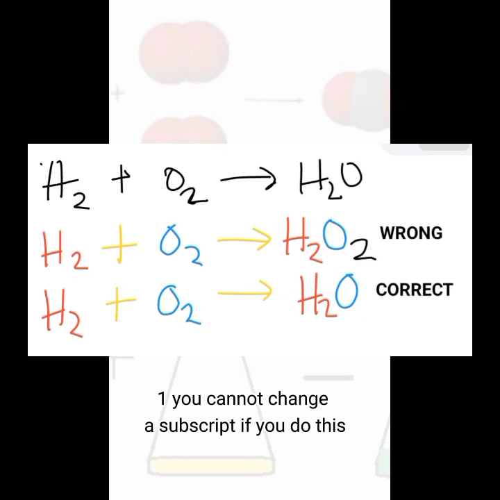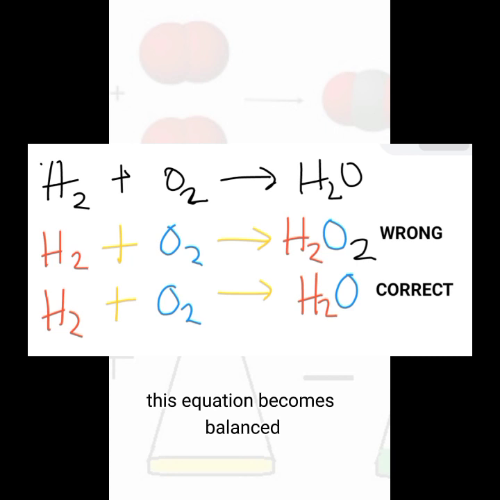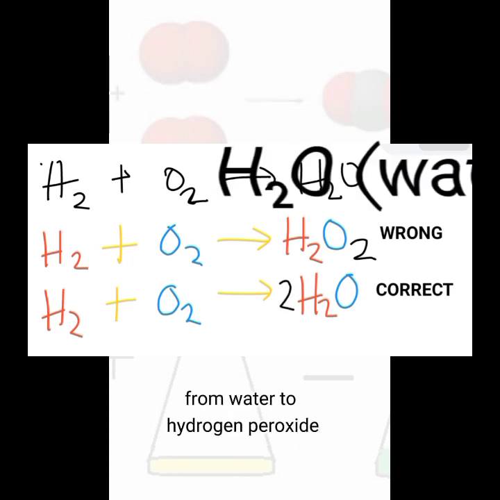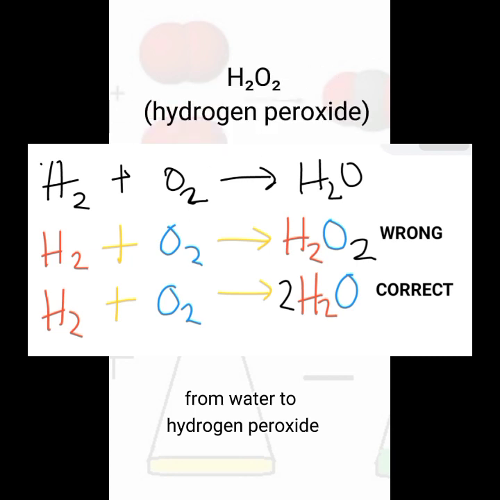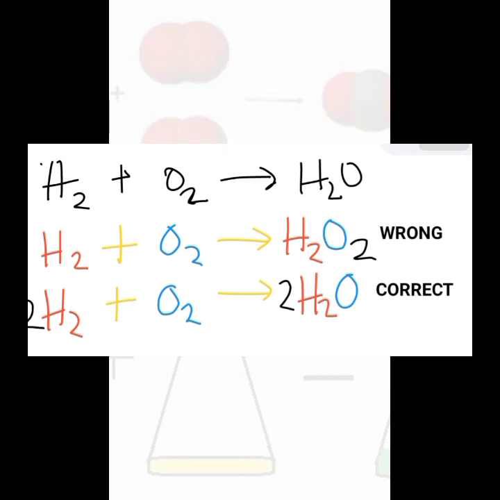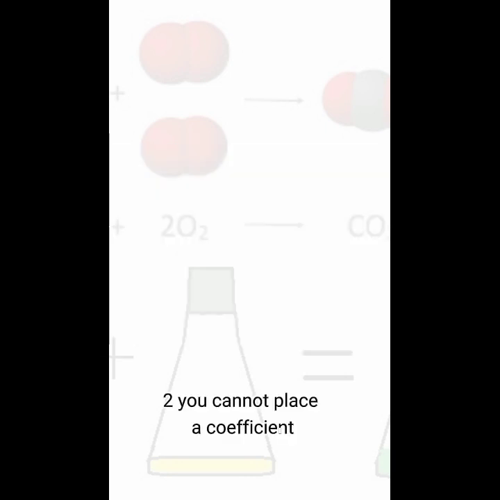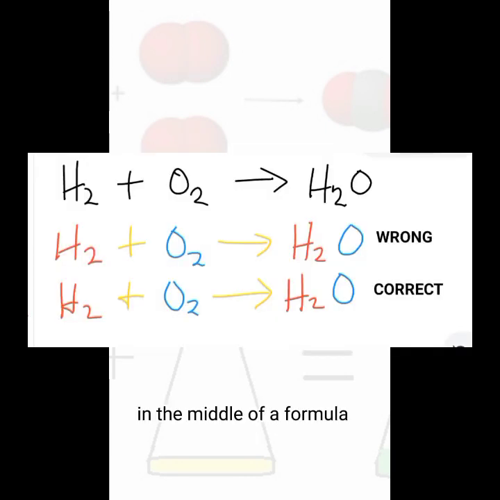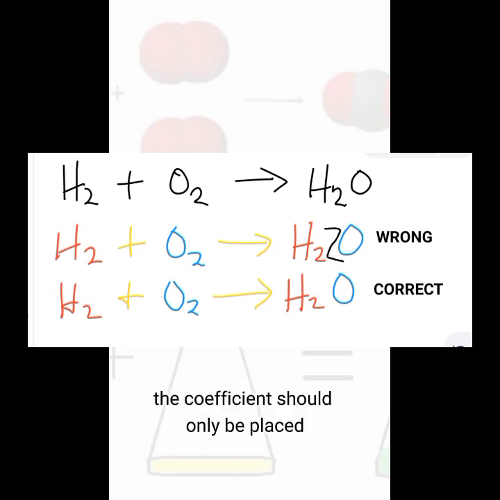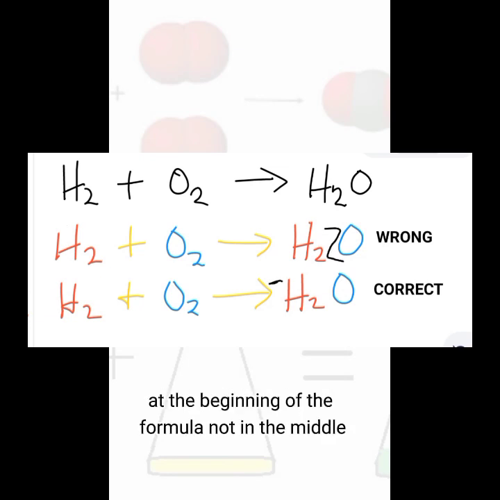If you do this, this equation becomes balanced, but you have changed the substance from water to hydrogen peroxide. 2. You cannot place a coefficient in the middle of a formula. The coefficient should only be placed at the beginning of the formula, not in the middle.